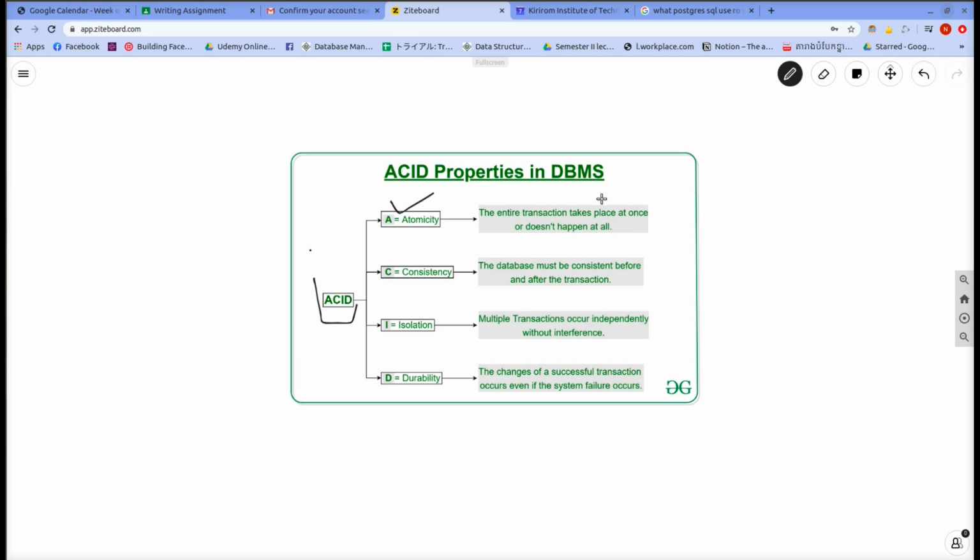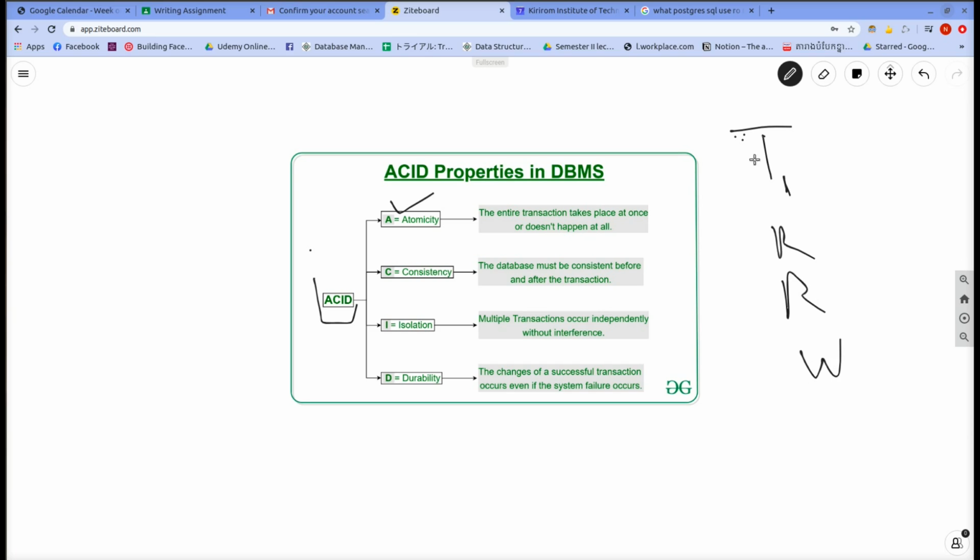What do you mean by this? It is like this. For example, I have a transaction T1, and it may have a write operation and a read operation.